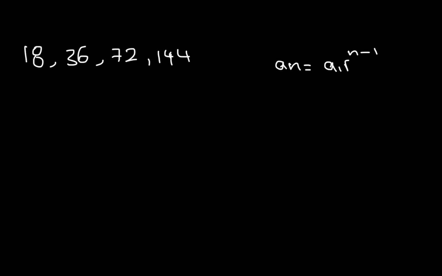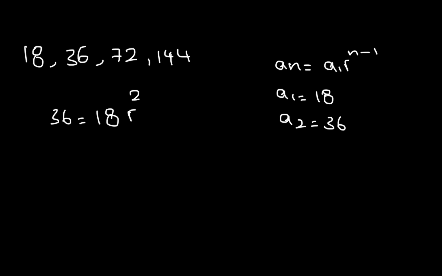All right, a1, the first value, is 18. a2 is 36. 36 equals 18 multiplied by r, we don't know the common ratio, to the power of 2 take away 1. All right then, let's do the algebra.